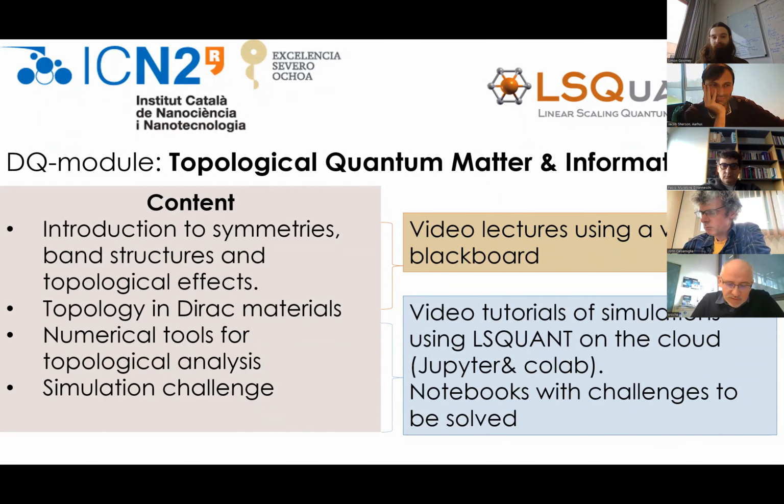The algorithms used will be developed inside our in-house LS-Quant software. We will also include some tutorials on how to use these algorithms, so that the students can solve some typical problems and master those modules.